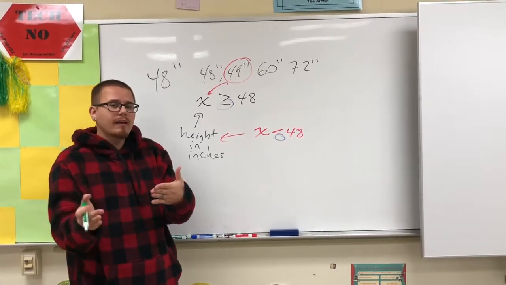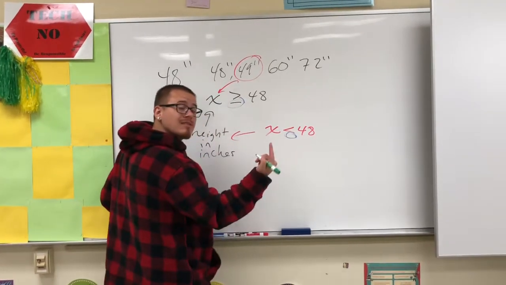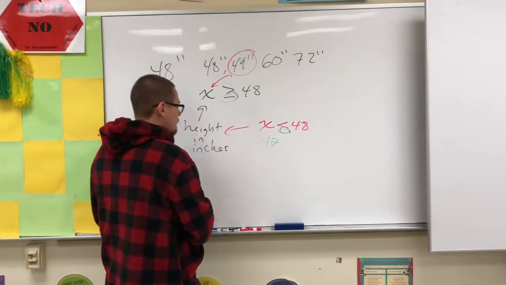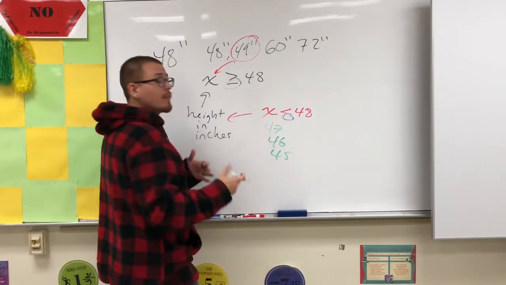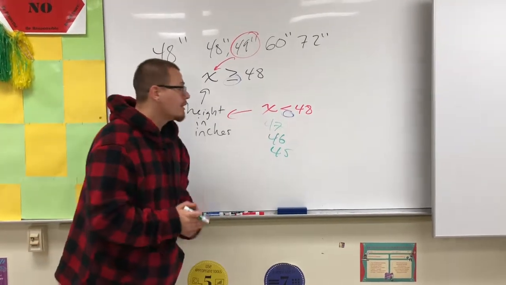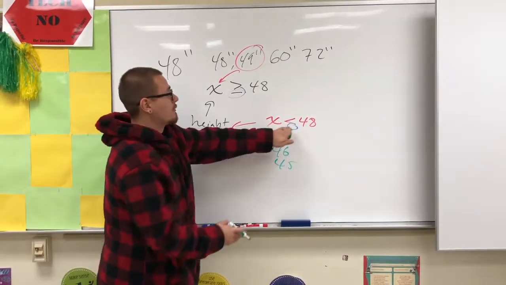So is 48 less than 48? No. 48 is not in the solution set for this one, but 47 is. 46, 45. Those numbers are all smaller than 48. So you could be anywhere under 48. That is what the solution set would look like for a less than.